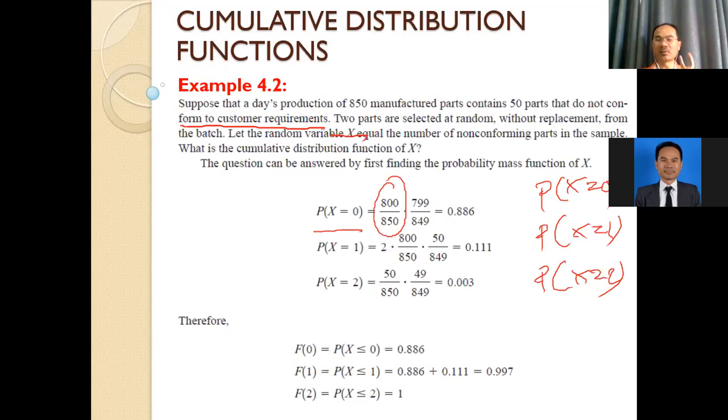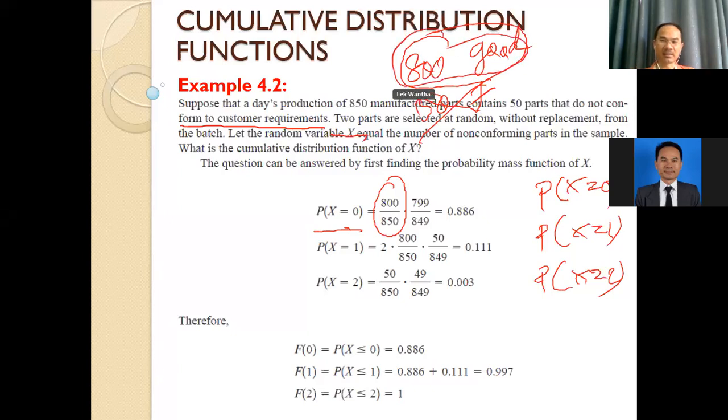Because 0 means no fail, we have 800 good and 50 fail, but for 0 we can only pick from the 800. The possibility is 800 because 0 means a good part. So for this case, the probability is 800 divided by the total.